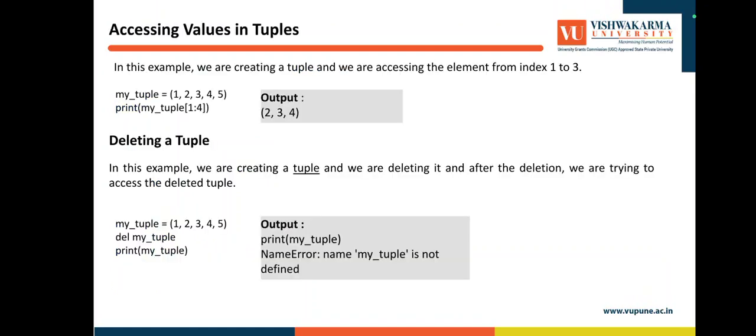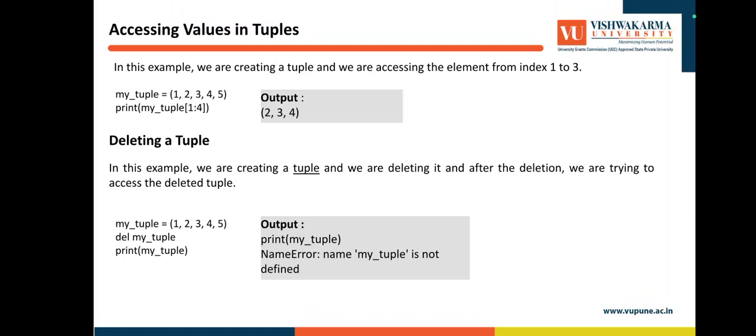Accessing values in tuples. In this example, we are creating a tuple and also accessing the elements from index 1 to 3, which means the index starts from 0, but we are only supposed to display the indexes from 1 to 3.